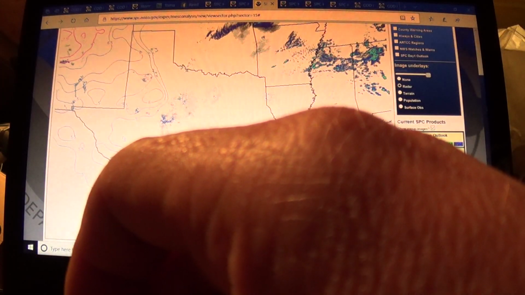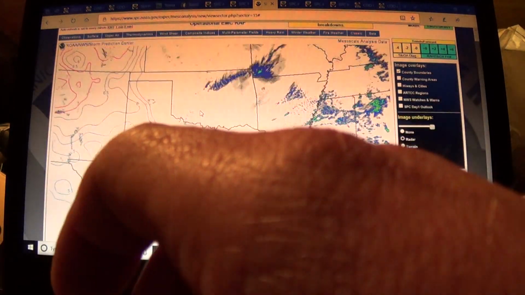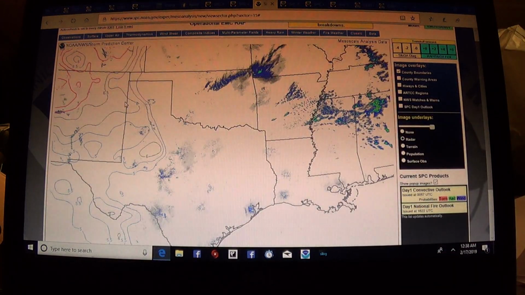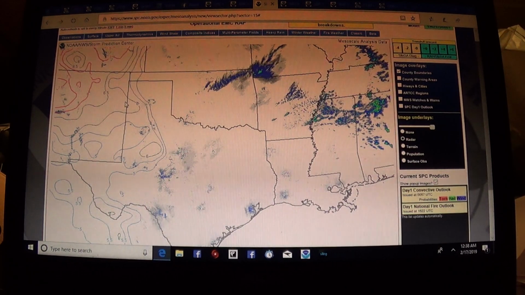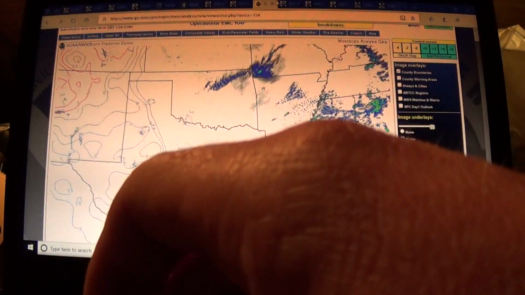And then I'd look for the low level lapse rates to be at least like 6.5, but higher is better. Definitely when you get in the mid 7s, it's probably decent, especially in the east.